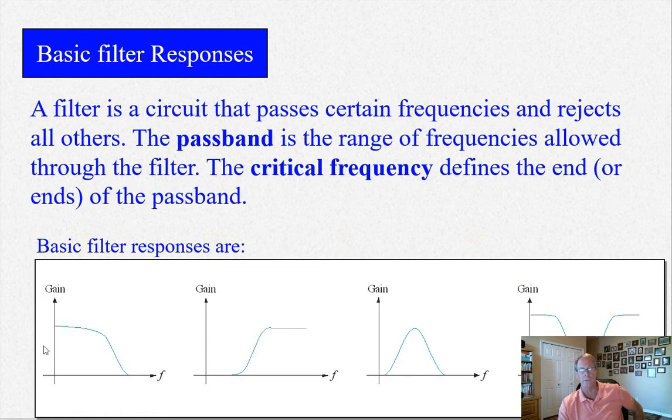That's gain versus frequency. So this would be a low pass filter on the left here because it passes low frequency. The second one is high pass. It shows that all frequencies past a certain cutoff frequency are passed. This is a band pass characteristic. A certain range of frequencies are passed, and this one is a band stop filter or a notch.